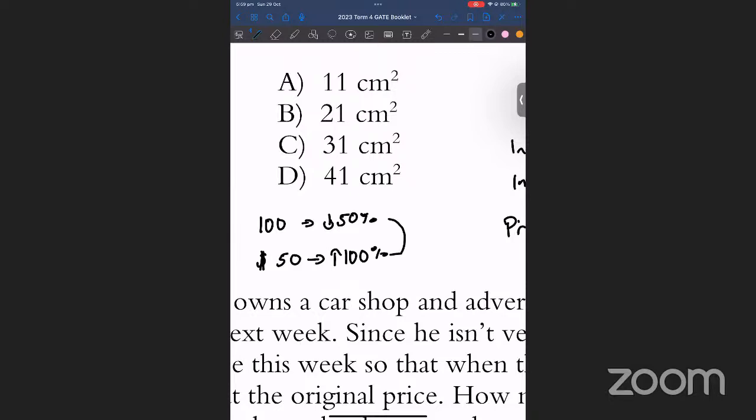So a 100% increase is the same as a 50% decrease. So it has to go up by a higher percentage to be the same as a lower percentage decrease. Because if it's plus 100%, then you just need to double 50.